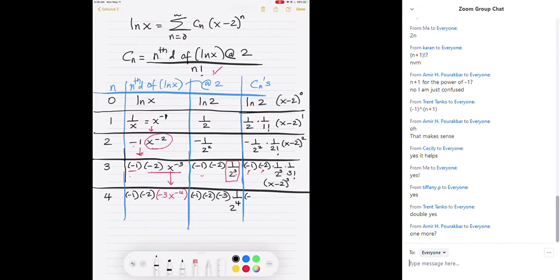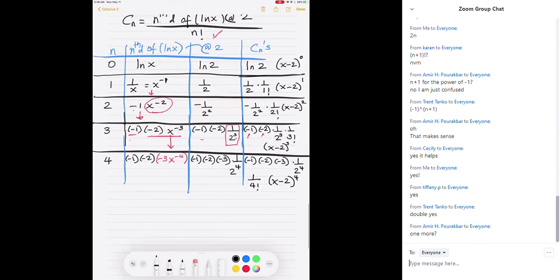And this is going to be negative 1, negative 2, negative 3, 1 over 2 to the 4th, times 1 over 4 factorial. I missed that board in the class, which should have been wonderful right now, because I could have written it all in a straight line. But you can. You have the paper and you have the power, therefore.